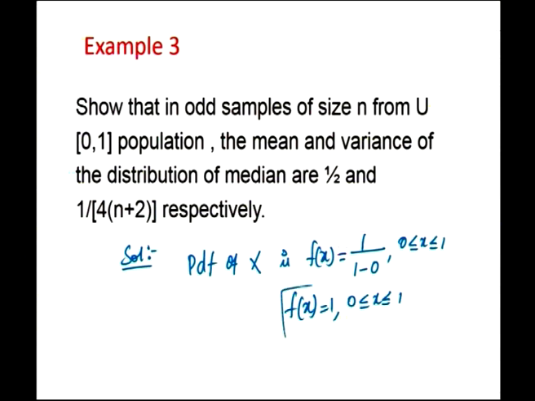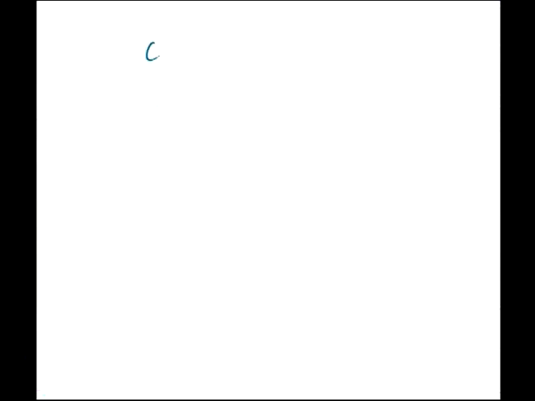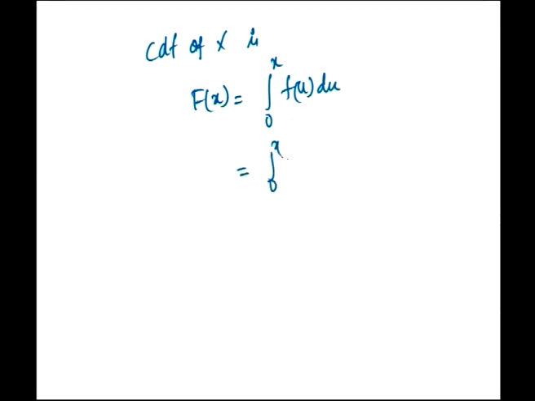And what about its CDF? CDF of x is capital F of x is equal to integral 0 to x f of u du, which is equal to integral 0 to x 1 du, and this is x. Capital F of x is equal to x.